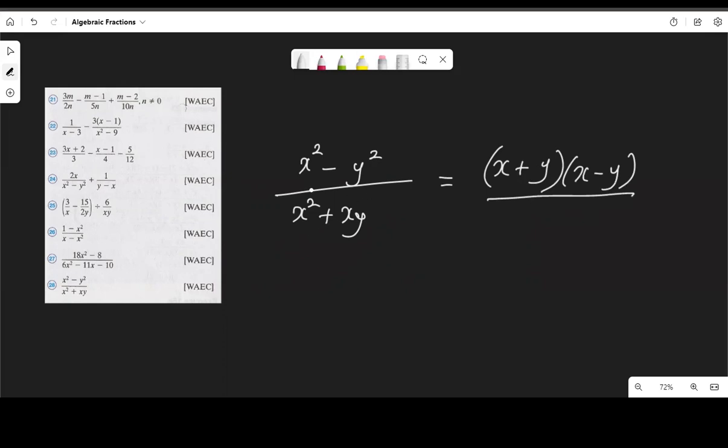In the denominator, s is common, so factor that, I'll have s plus y. S plus y will cancel s plus y, so I'll be left with s minus y over s. My final answer.